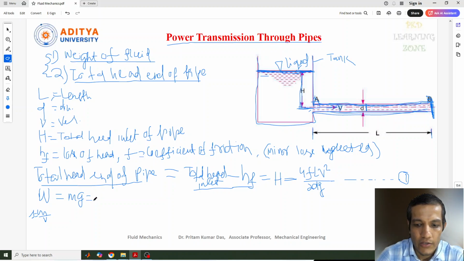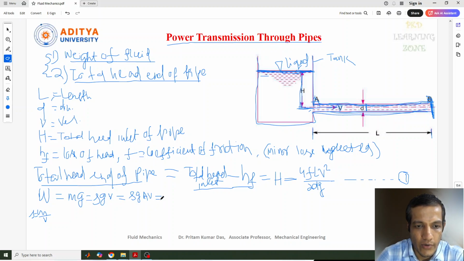So W equals rho g into the volume of fluid flowing per second, that is rho g into A V. A V means the volume of water per second.